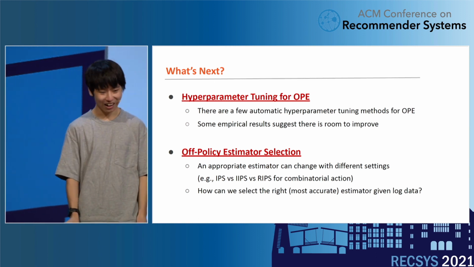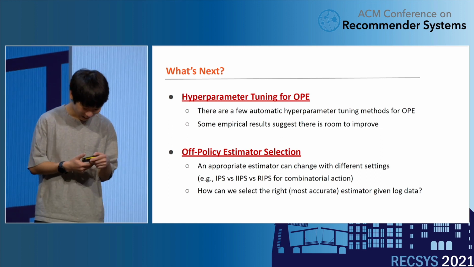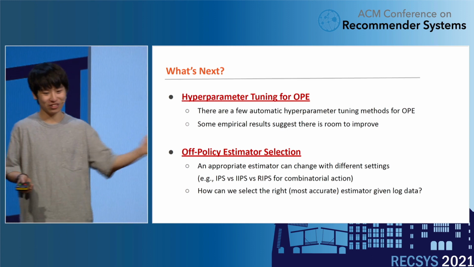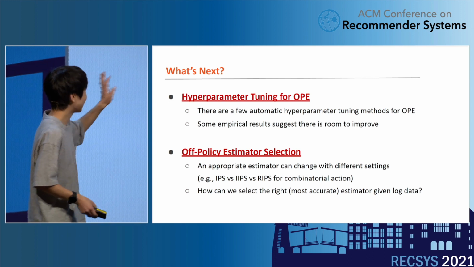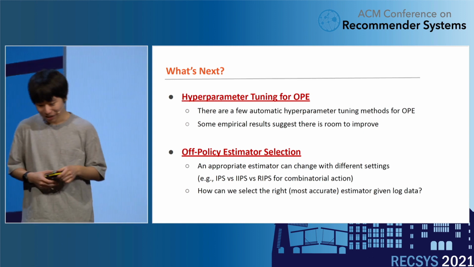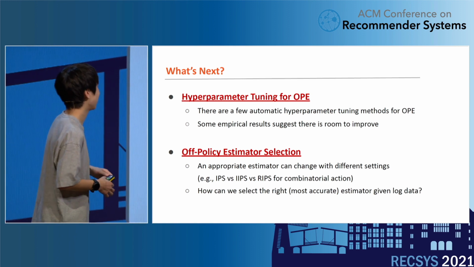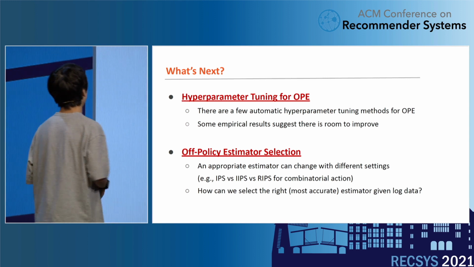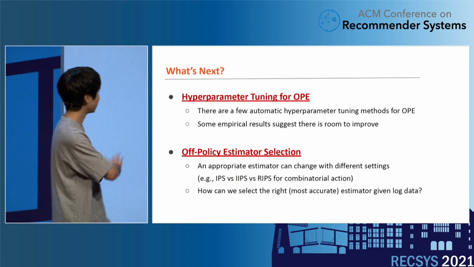But when I talk with collaborators from industry, they don't know how they should tune hyperparameters from log data. So this is a very practically motivated research topic, but it is not that explored yet. There are huge research possibilities there.